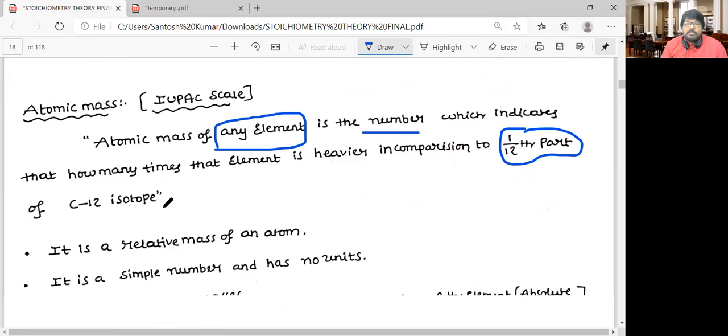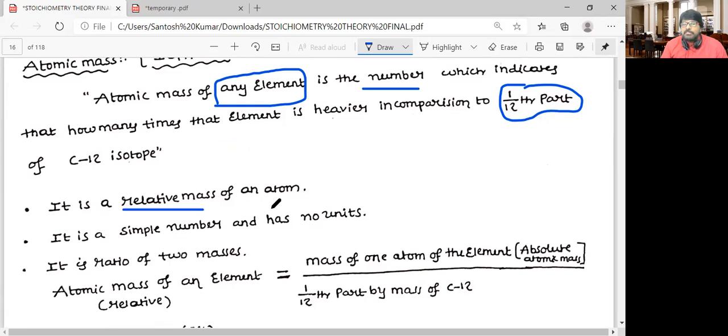So that's why I'm saying it is a relative mass of an atom. Earlier also, in that example, the length of the table was a relative length. You measured using that scale and reported your answer as 150, which means that table is 150 times longer. So here also, oxygen is 16 times heavier, nitrogen is 14 times heavier. It is a relative mass of an atom.